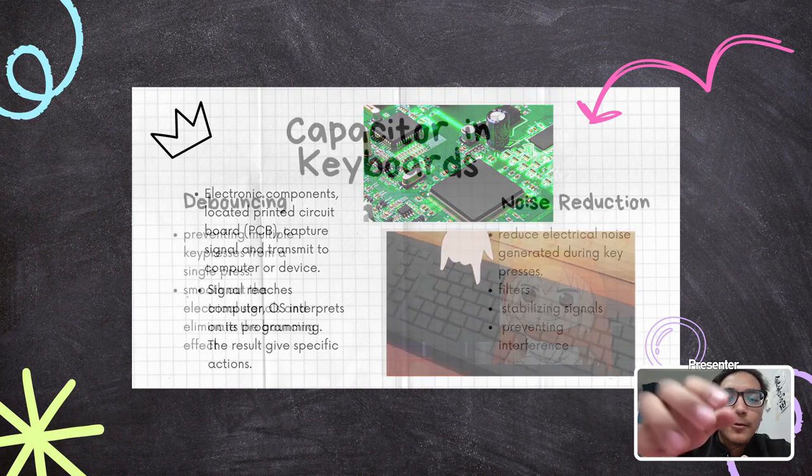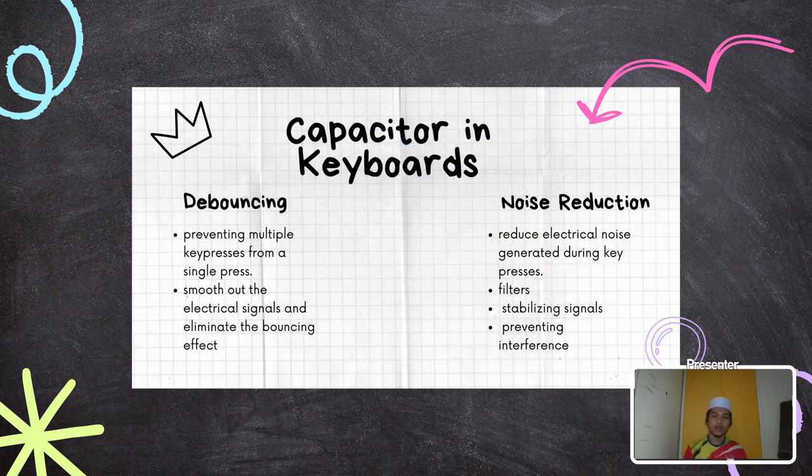Next, I'd like to talk to you about the role of capacitors in keyboards. Capacitors are essential electronic components found in keyboards and they serve two important functions. The first function is debouncing. Have you ever experienced a keyboard registering multiple key presses for a single key press?